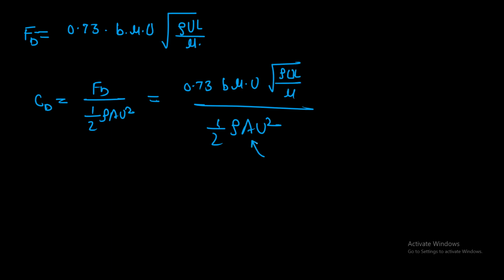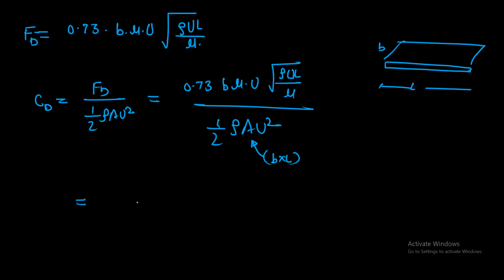Now here area: if you consider this rectangular plate, this is the B and this is the L. So the area is B into L. From this, if you simplify, you will get the answer as 1.46 mu upon rho LU, square root of rho UL upon mu.